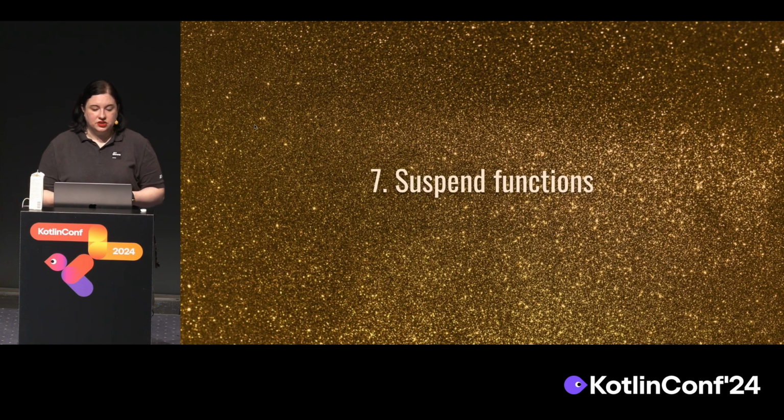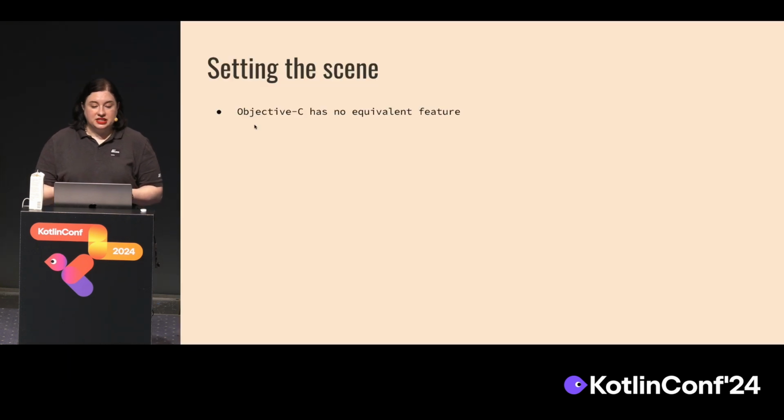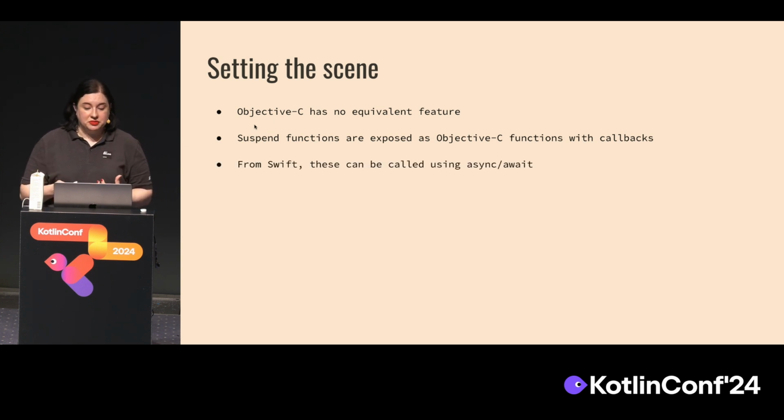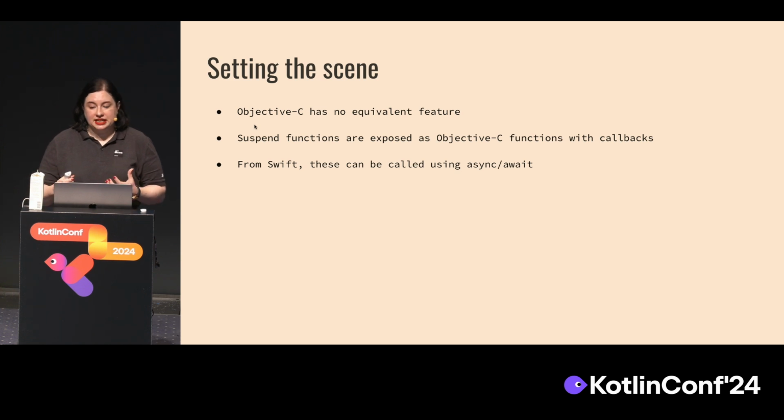Next, let's have a look at suspend functions, so asynchronous programming concepts. Unfortunately, Objective-C doesn't have suspend functions. So they are represented in Objective-C as functions with callbacks. From Swift, we can use the async await mechanism as well. So that's a slight mitigating factor.